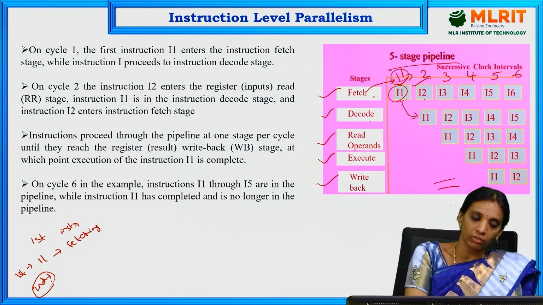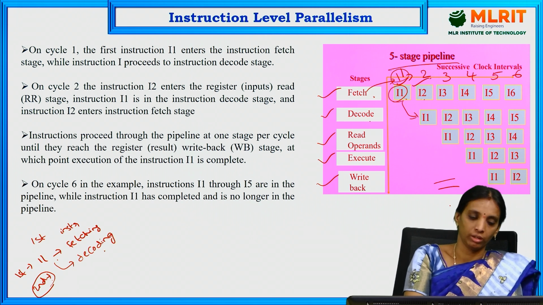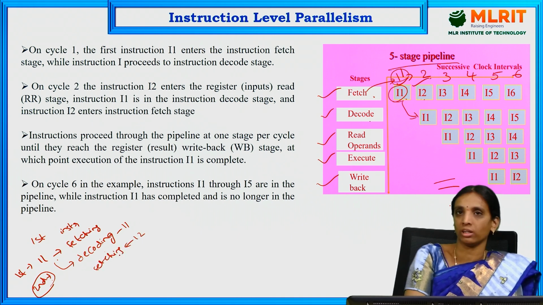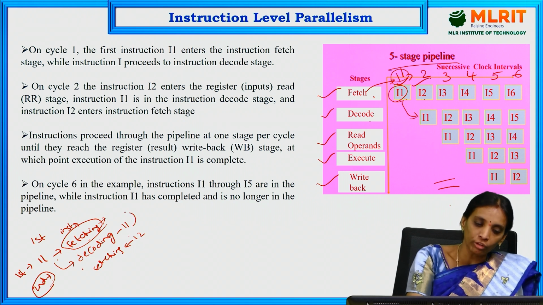In the same clock cycle, for the same time period, the 11th instruction is going for decoding, and the 12th instruction is entering for fetching. Understood? The fetching of the first is completed, so the fetching stage is free. Therefore the same clock cycle is utilized for both fetching one instruction and decoding another.